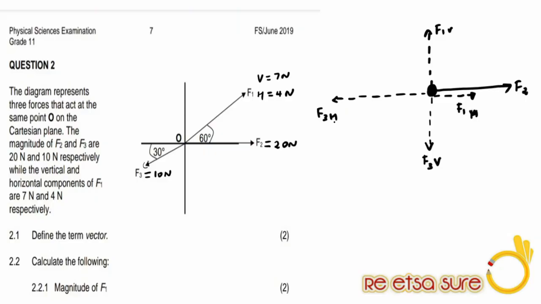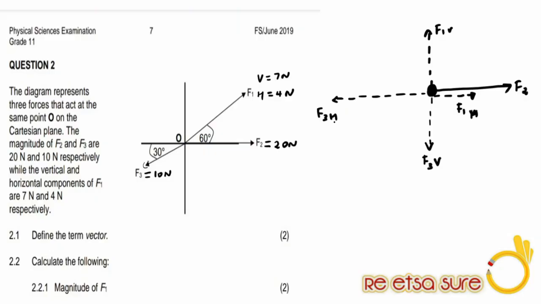So please, my beautiful learners, before you attempt any questions, make sure that you know how to resolve your resultant into its components, or you can draw the forces that are given on a diagram either on the x-axis or on the y-axis.